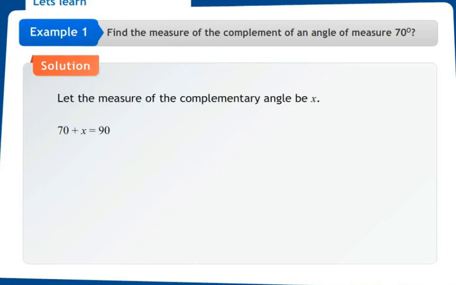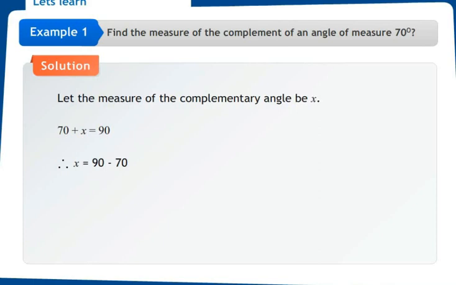Now let the measure of the complementary angle be x. One angle is 70 and let the other angle which is to be found be x. Now when two angles are added, after addition it should be equal to 90. So 70 plus x is equal to 90.